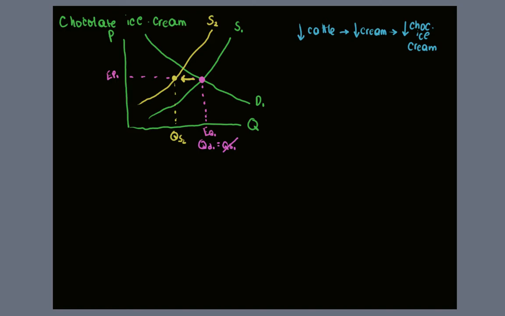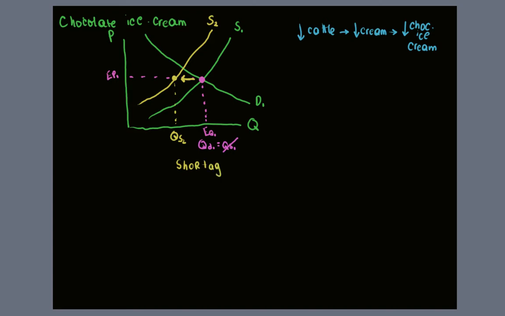Quantity demanded is to the right of quantity supplied. And so what we actually have in this case at this moment is a shortage. More people demand chocolate ice cream than the supply of chocolate ice cream.